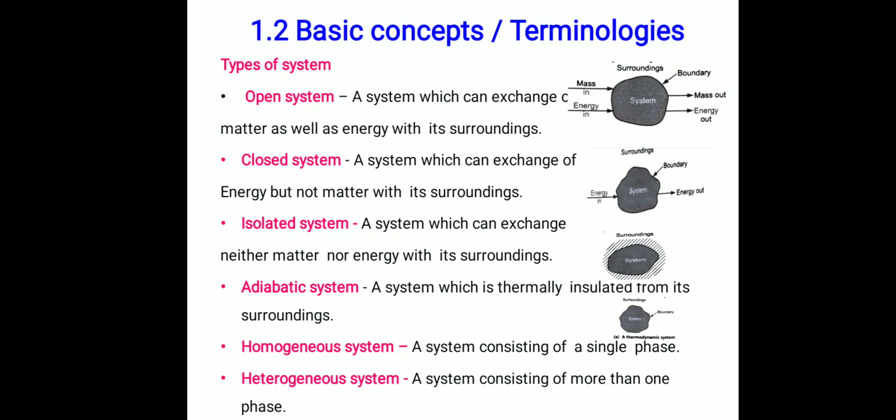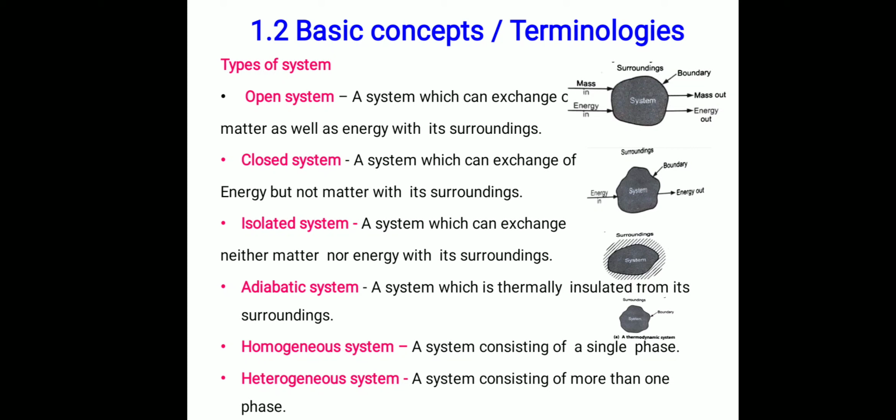Matter as well as energy is transferred through the system, that is why it is called an open system. In a closed system, only energy can transfer through the system and not matter. In an isolated system, neither energy nor matter is transferred. In an adiabatic system, it is thermally insulated from the surrounding.